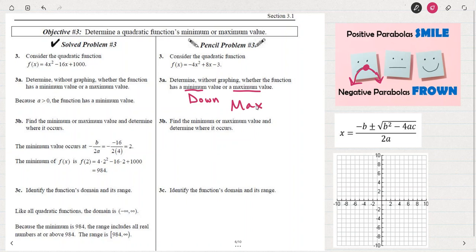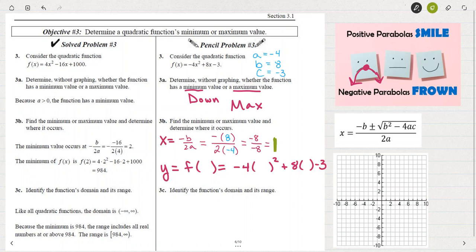And now we can find that maximum point by evaluating the opposite of b over 2a. Using that vertex formula, and again, if you didn't learn this yet, we're going to go to the quadratic formula and just scratch out that radical, and you get the opposite of b over 2a.